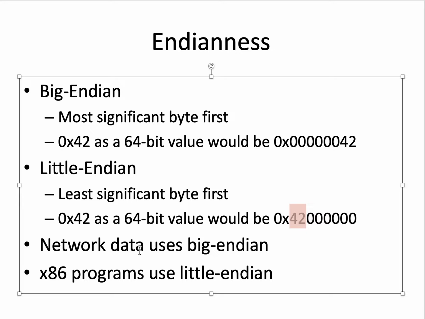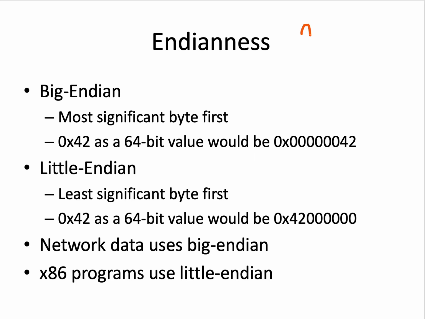Now, interestingly enough, network data uses big endian, and I wish I had that other PowerPoint handy. You recall, for example, that Class A will always have, what did I say? Class A will always have like a 0 leading it, or my apologies, it's been a day or so since that last one.